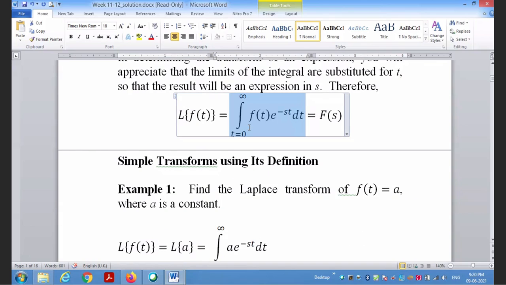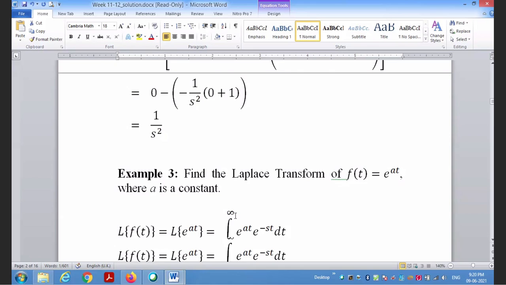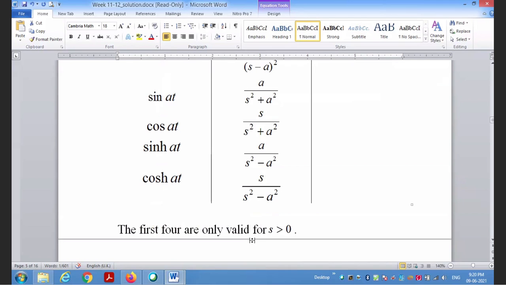To save time, you are given the table, and you can use it to find the Laplace transform. After this, I will teach you how to find the inverse Laplace transform, and then we can solve any higher order ODE using the Laplace transform method.